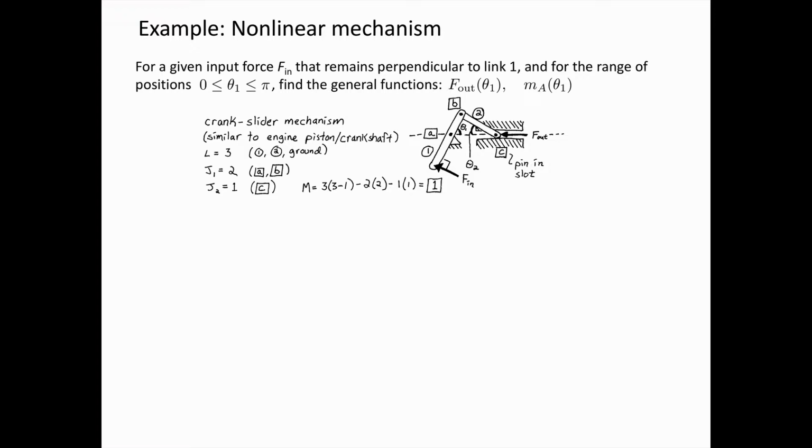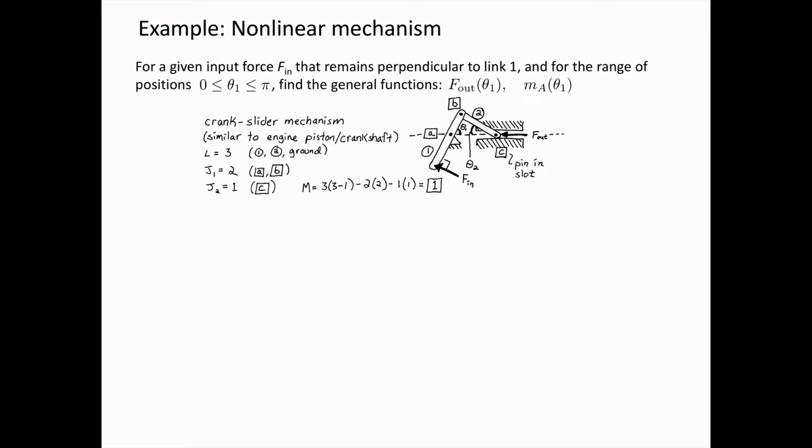And suppose we are interested in a particular range of positions for this mechanism, and we're going to define that using theta 1. So we're going to assume theta 1, the angular position of link 1, is known. And we are tasked with finding the general functions, the output force as a function of theta 1, knowing what the input force is, and then the mechanical advantage, which we defined previously as output force divided by the input force.